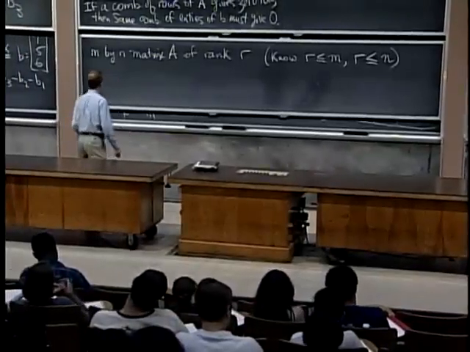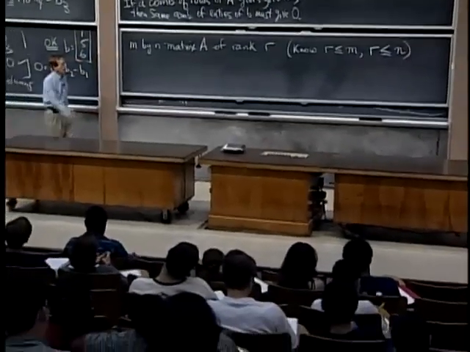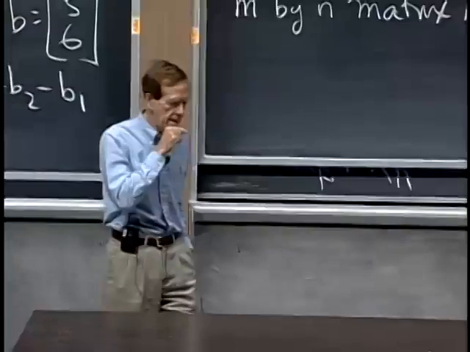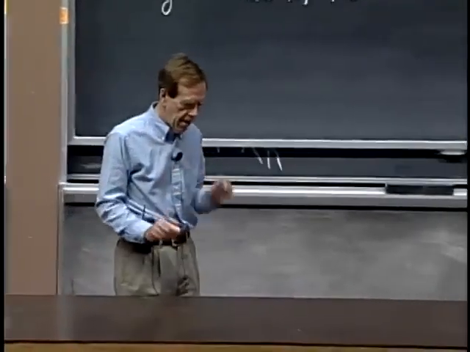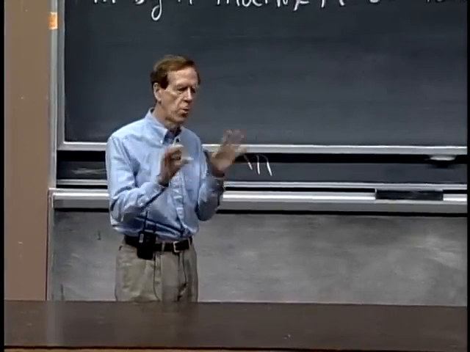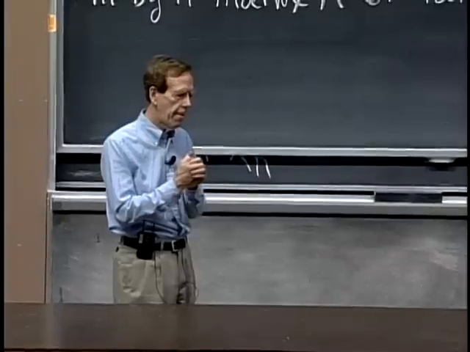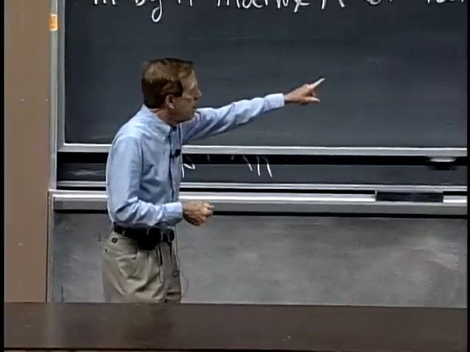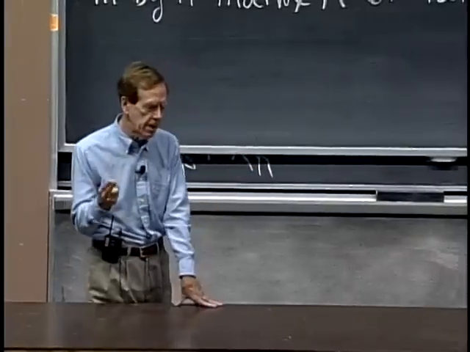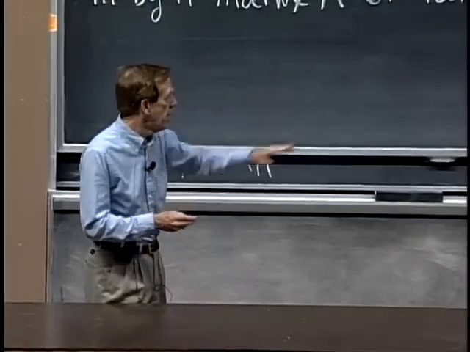So I have an m by n matrix of rank R, and I always know R is less than or equal to m, R is less than or equal to n. Now I'm specially interested in the case of full rank, when the rank R is as big as it can be. Well, I've got two separate possibilities here, depending on what these numbers m and n are.